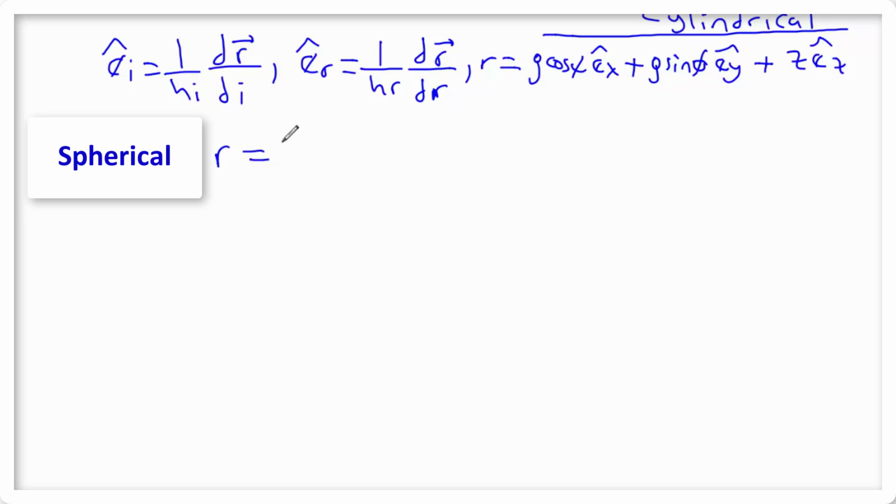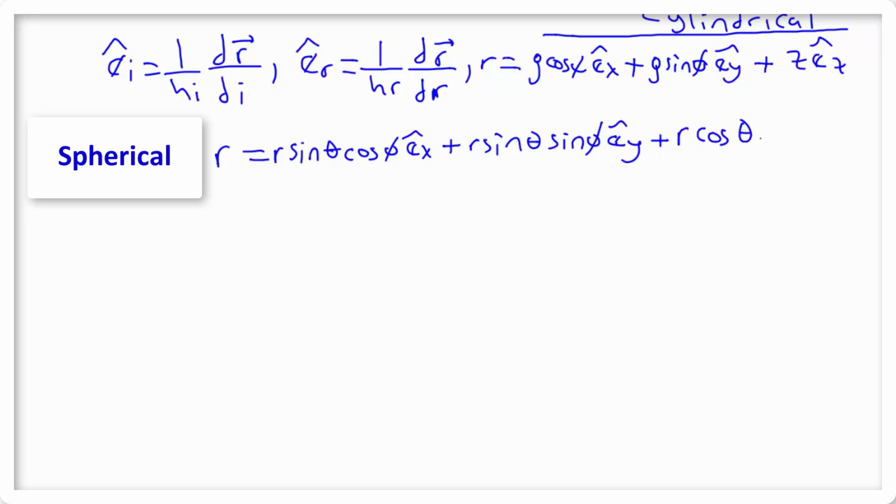So, where I see rho, I write r sine theta cos phi e_x plus r sine theta sine phi e_y, and there we set what that is, r cos theta e_z.